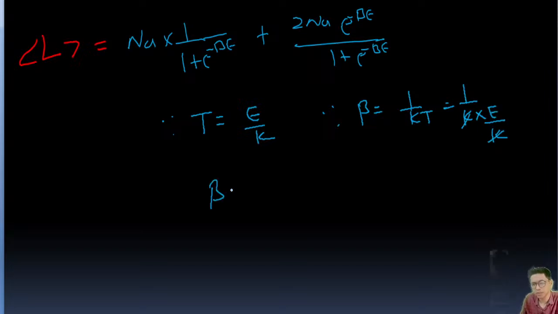So beta value is going to be 1 upon epsilon. That implies beta epsilon value is going to be 1, right? So now we can put 1 in place of beta epsilon.